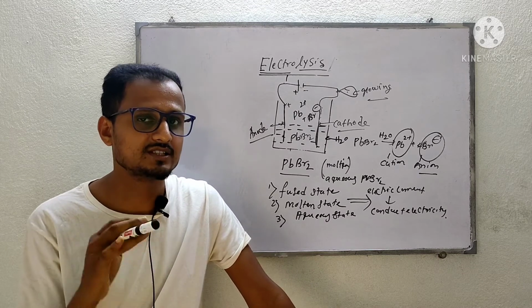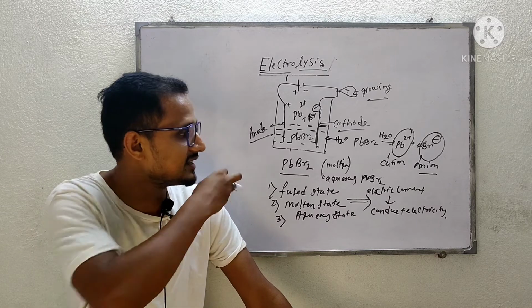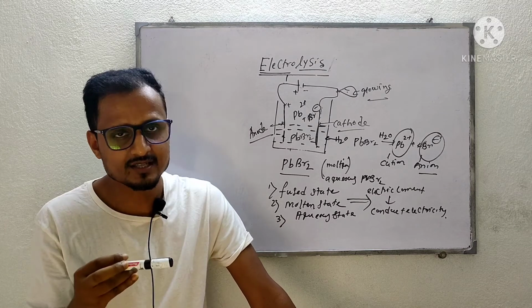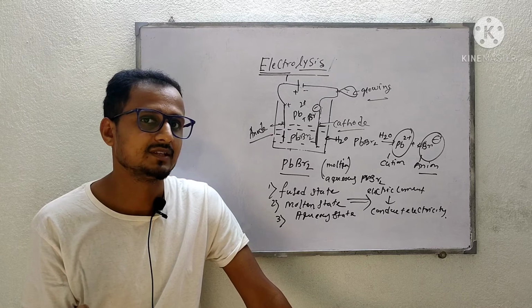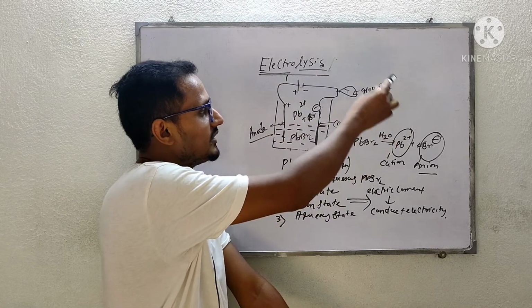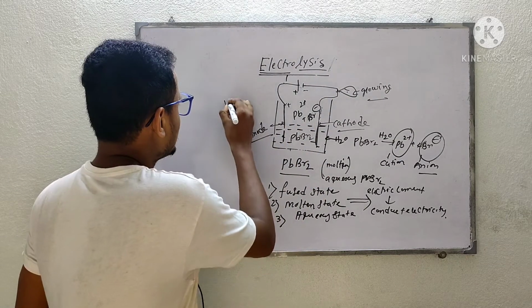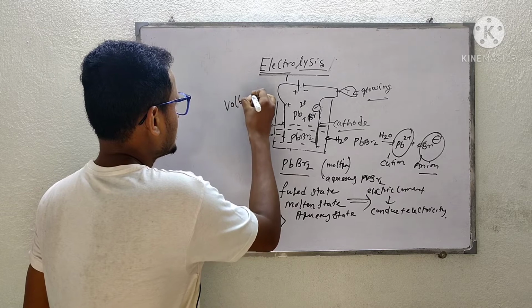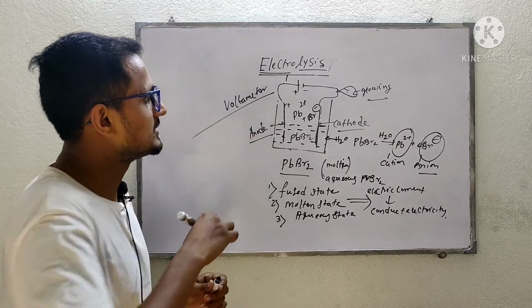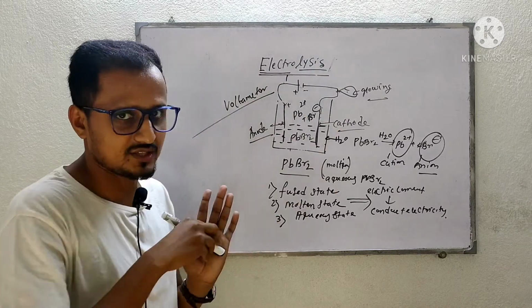So this process is called the electrolysis process, and the substances which can take part in this process are called electrolytes. The apparatus or the cell in which it is done is called a voltmeter. So this is the overall electrolysis process.